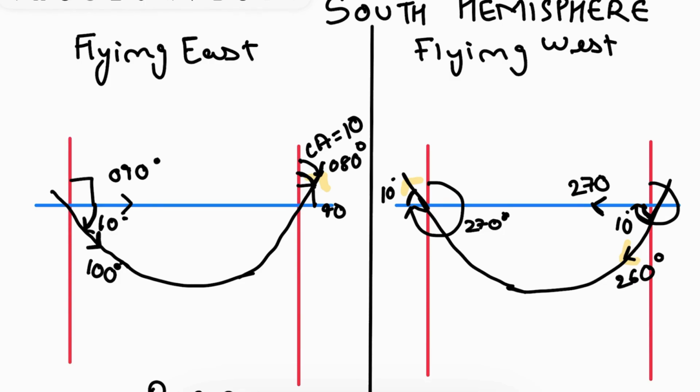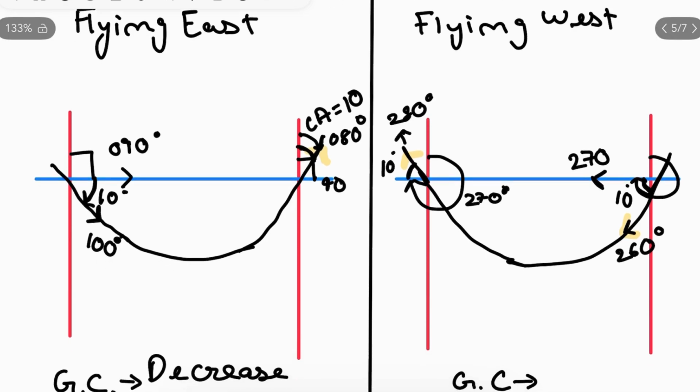So this 270 plus 10 degrees is going to be 280 degrees. So the great circle is going to increase when an aircraft is flying in the westerly track in the south hemisphere.